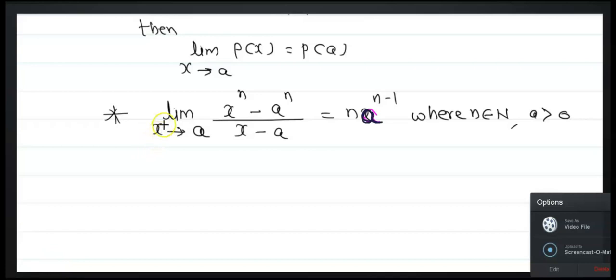I will again repeat: limit as x tends to a of x raised to n minus a raised to n upon x minus a is equal to n into a raised to n minus 1, where n belongs to the set of natural numbers and a is a positive rational number.